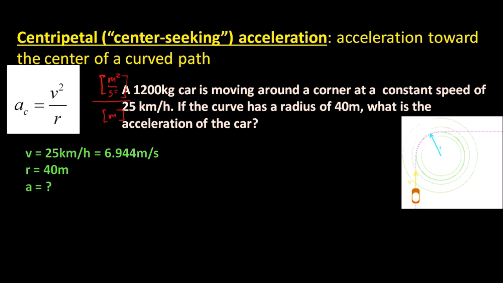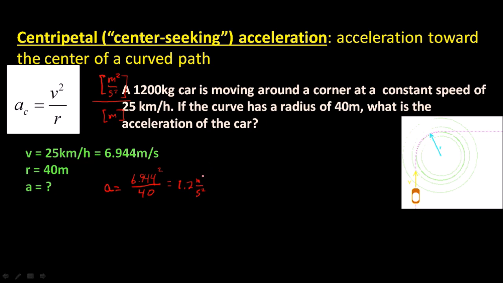So let's find the acceleration. Well, it's actually straightforward, as simple as it looks. The acceleration is the speed squared, 6.944 squared, divided by the radius. And that's it. All you have to do is grab your calculator and make a computation. I'll wait while you do that. Okay, you're back. My little pointer says that it's 1.2 meters per second squared.